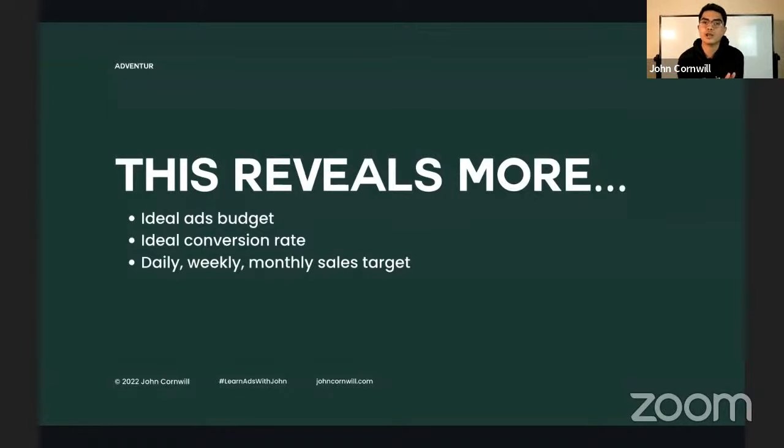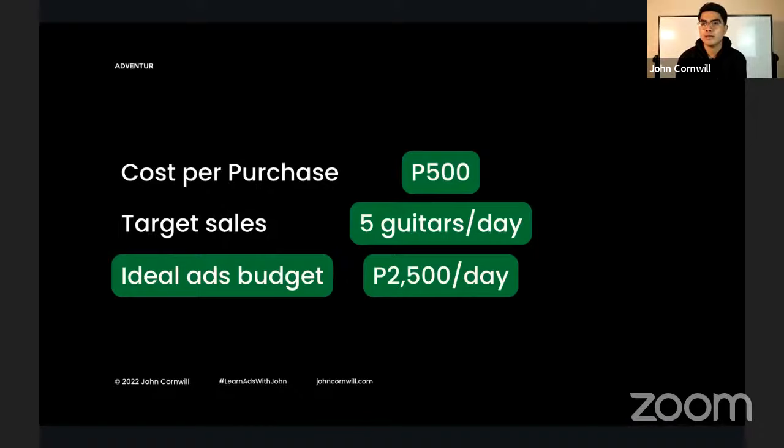Okay, so paano ba? Okay, here it is. For the ads budget na ideal, di ba kanina yung maximum cost per purchase natin is 500 pesos. You're willing to spend 500 pesos to get one purchase, to get one customer. Now, another question, di ba kanina din nag-provide tayo, ilan ba yung sales target mo? So let's say in a day, yung sales target mo is 5 guitars.